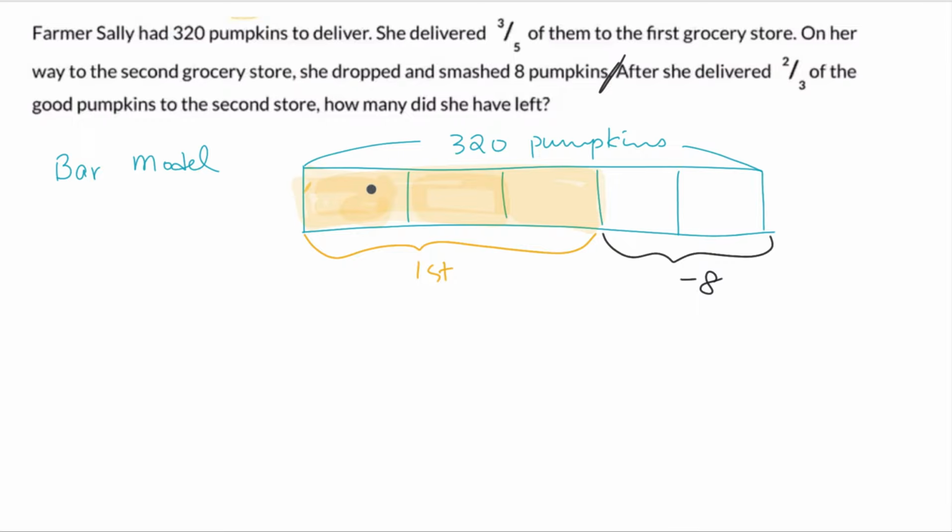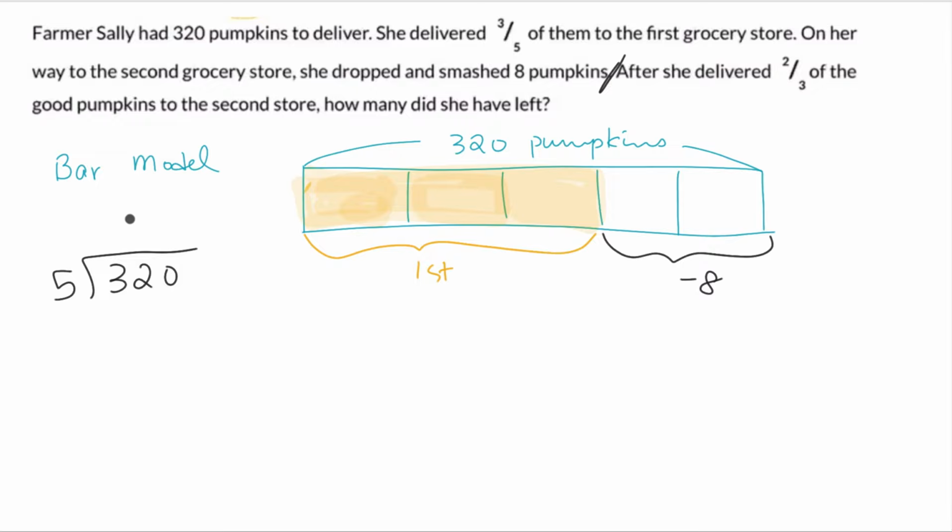So we have 320 pumpkins, and if we are making that into 5 equal pieces, how many go in each of these? We can do the division, yes. So 320 divided by 5. Then we can get to know how many go in each of these boxes, right?